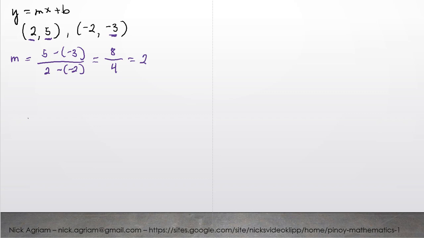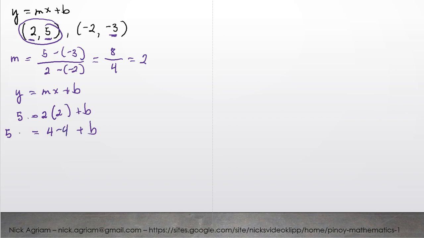Now we are ready to solve for our y-intercept. So we have y is equal to mx plus b. I can use this point, it's easier. We have 5 is equal to 2 times 2 plus b. Then we have 4 plus b, and then 5.